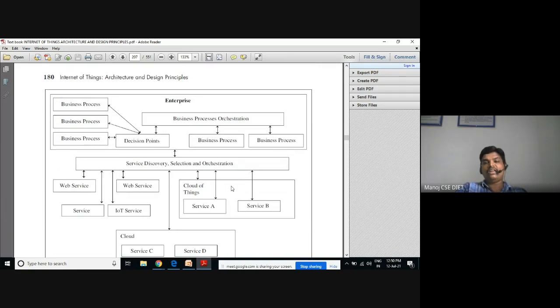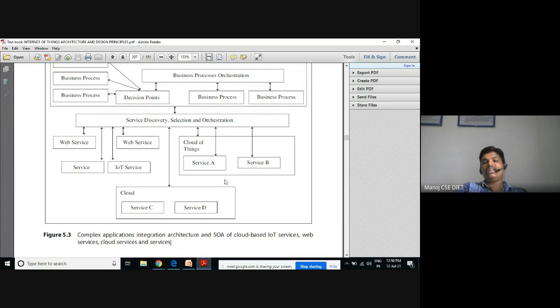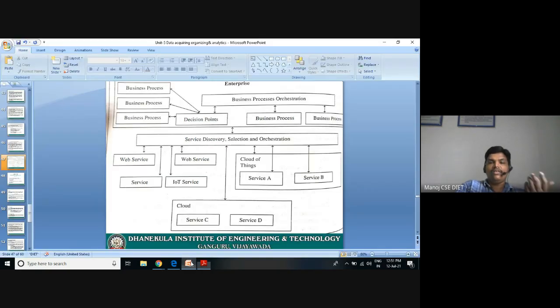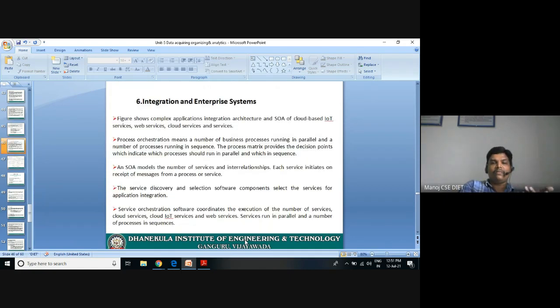So we call this architecture the complex application integration architecture, and we describe it based on SOA related to cloud-based IoT or web-based IoT, cloud services, and cloud-related services. Everything will be described here: how they are interrelated, how they support our business enterprise, and how they strengthen our enterprise by using SOA and all these web services.